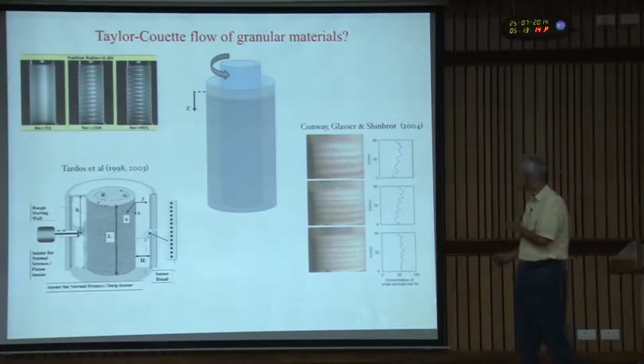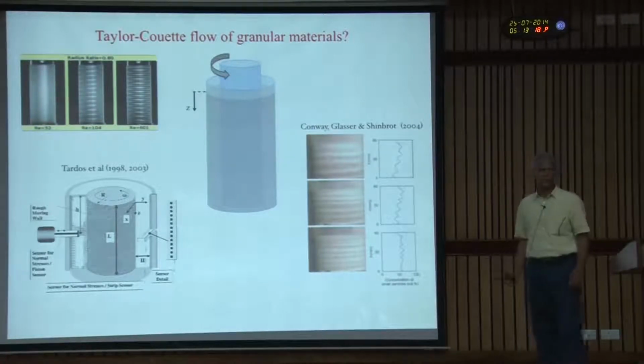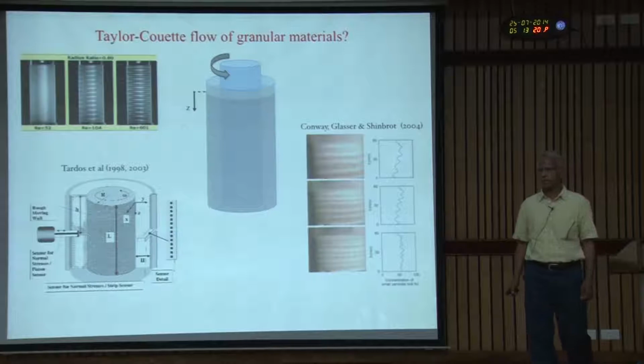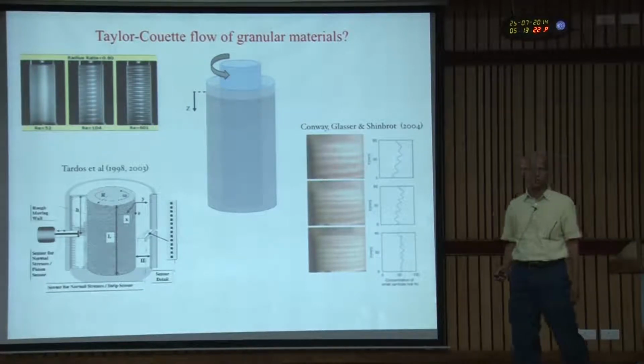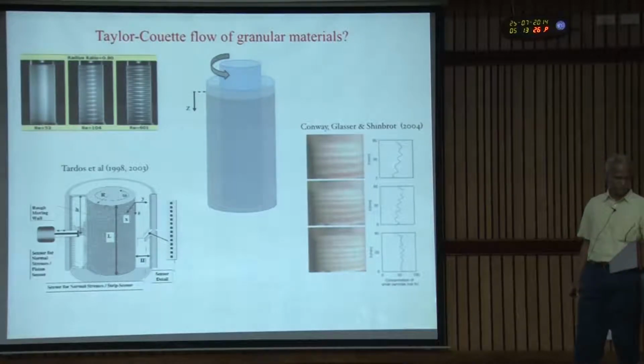So this is essentially driven by size separation, whereas the instability you see in a column of a Newtonian fluid or even a non-Newtonian fluid has nothing to do with size separation.